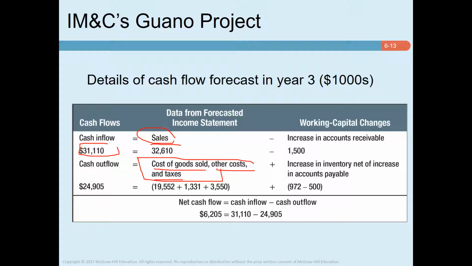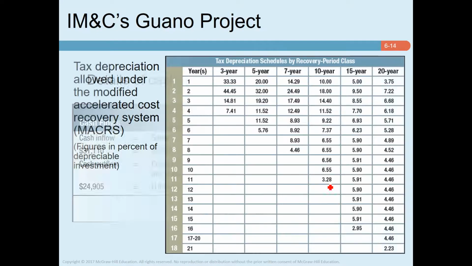So from the change in these working capital accounts, we need to find out how much working capital changes will be required. For example, here, increase in accounts receivable and increase in inventory, net of increase in accounts payable is the change in net working capital, which is considered as the cash outflow for the project.